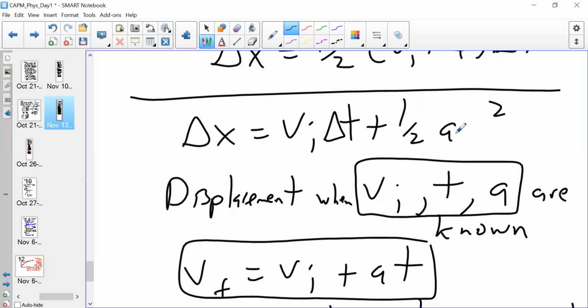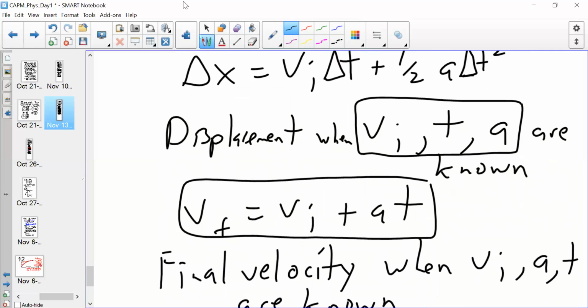So this will be 1/2 a delta t squared, where delta is final minus initial. I'll just put a small t to somewhat distinguish it from the capital T for time.